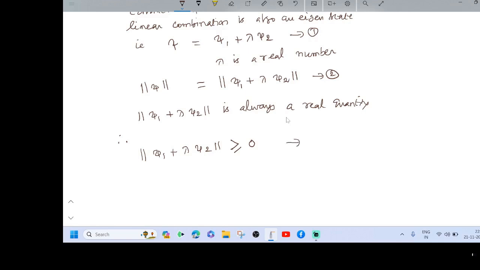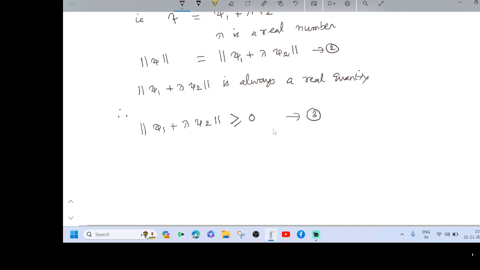So keep this as equation 3. Now take the square on both sides. You may write the norm square of psi1 plus lambda into psi2 is greater than or equal to 0. This is equation 4.